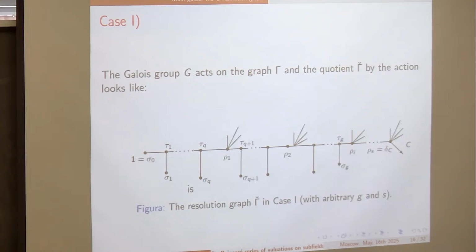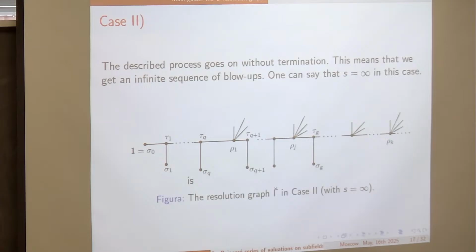So this is the resolution graph of this one. Other possibilities: case 2, in which you could resolve the branch, but you have an infinite number of branching points. That means that the situation in which you found a new element which is not in the previous field is infinite.